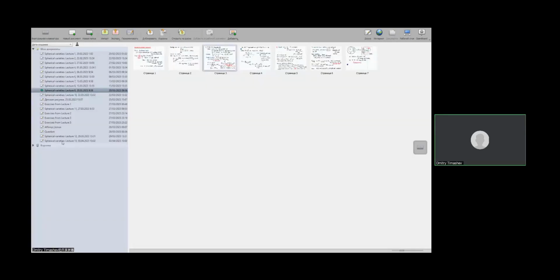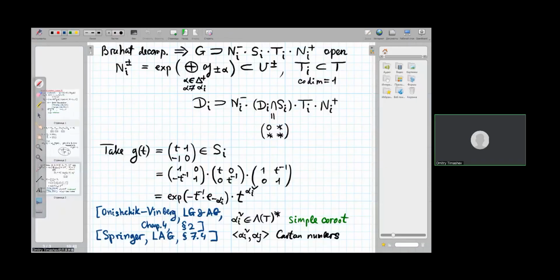Let's come back to our current lecture. So let me finish rewriting the presentation for this curve g(t), because I didn't yet finish. I rewrote the factor in the middle, t0, t inverse, as this multiplicative one-parameter subgroup. And finally, the last factor on the right can be rewritten as exponential of t inverse times the root vector e alpha i.